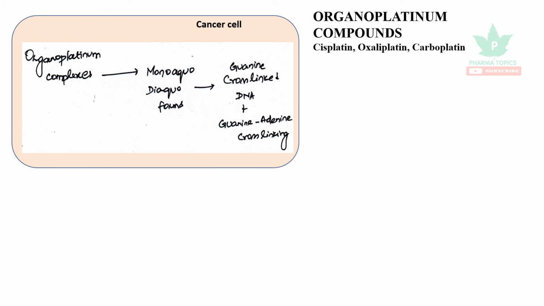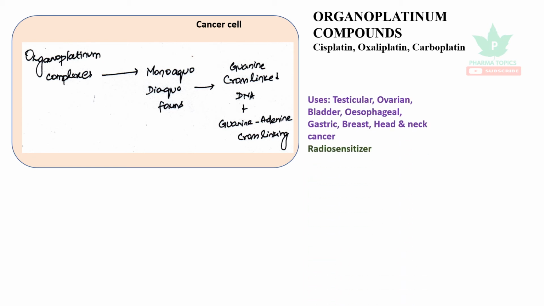Organoplatinum complexes get converted to monoaquo or diaquo forms, and they attach the platinum group and cause cross-linking in the DNA. That is cross-linking between guanine and adenine of the cancerous DNA. It has multiple uses: testicular cancer, ovarian cancer, bladder cancer, esophageal cancer, gastric, breast, and head and neck cancer.